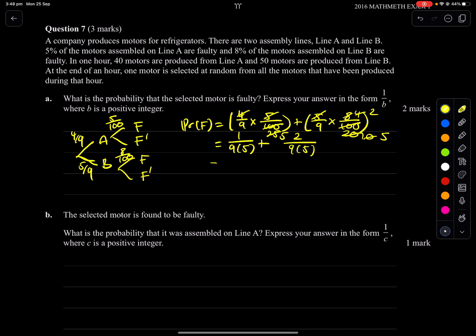Adding them both up, it'll be 3 over 9, 5, this here will become 3, so it'll be 1 over 15. Yeah, 1 over 15, and it's in the form 1 over b, where b is a positive integer.